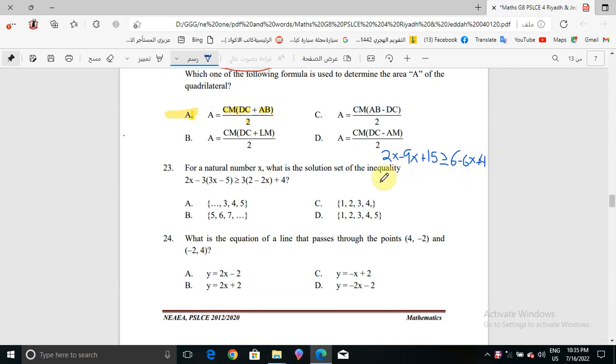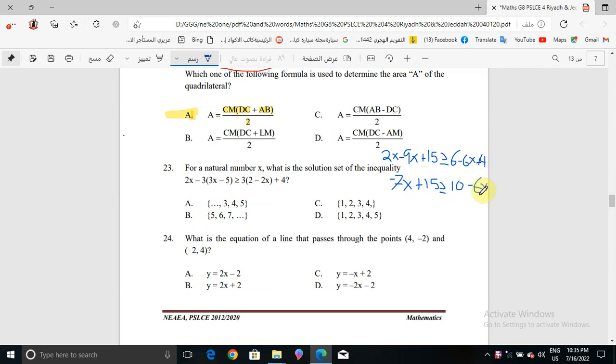Right? Then we will collect the like terms together. For example here 2x minus 9x will be negative 7x. Then plus 15 as it is, and greater than or equal to 6 minus 6x plus 4. That means 6 plus 4 will be 10 minus 6x.